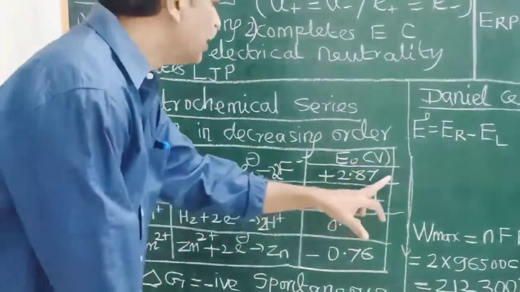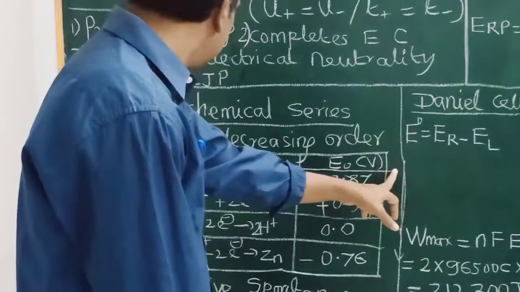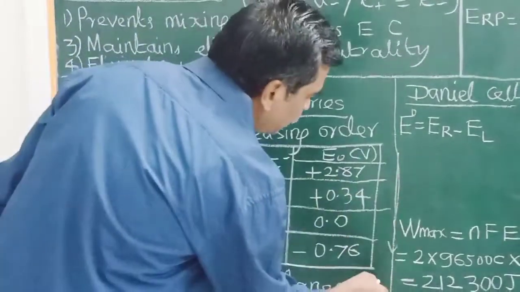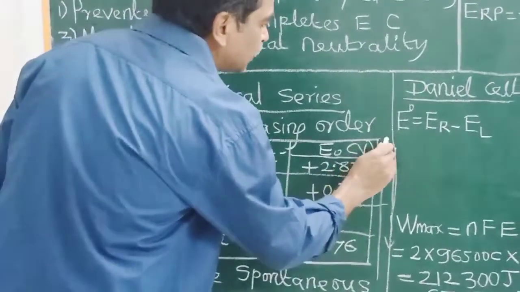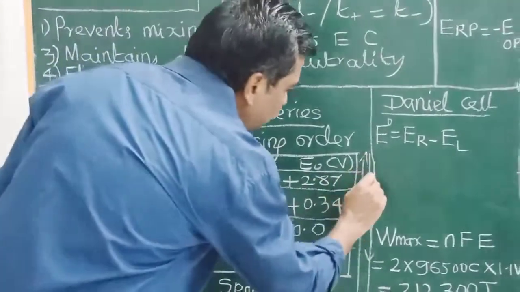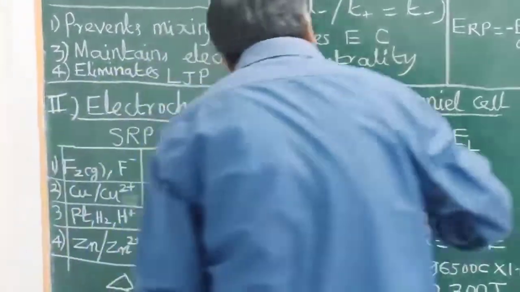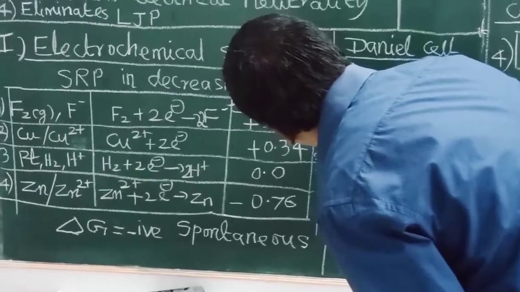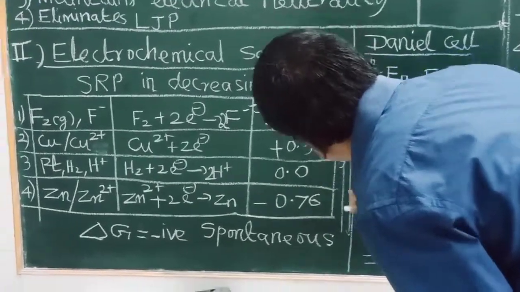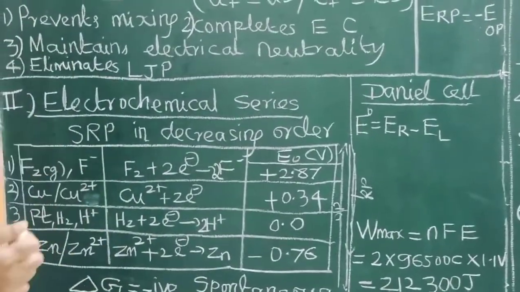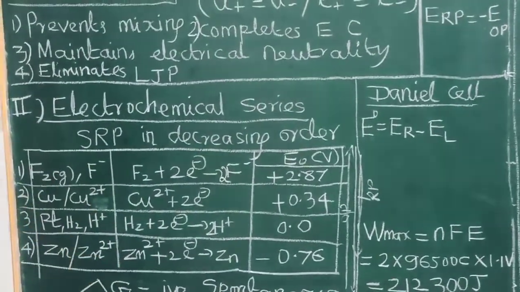Fluorine is an oxidizing agent. Therefore, as you go up, oxidizing power increases, and as you go down, reducing power increases, because sodium, for example, gives up an electron, so it acts as a reducing agent.